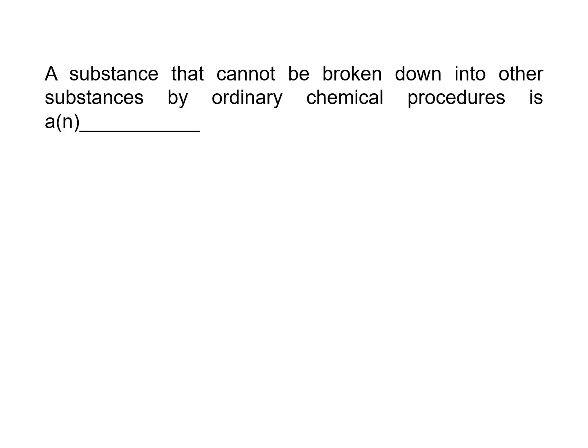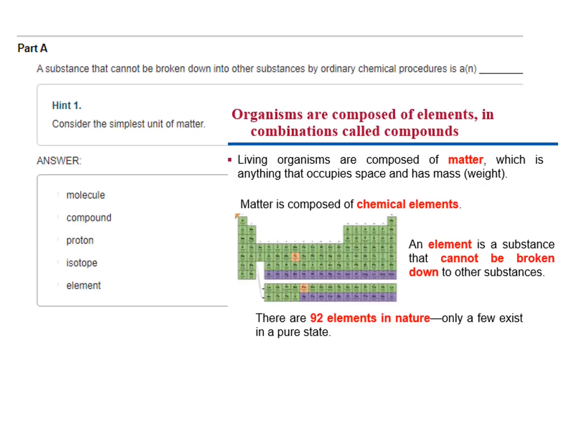Now let's try to answer this question. A substance that cannot be broken down into other substances by ordinary chemical procedures is a... So this is also super incredibly easy.